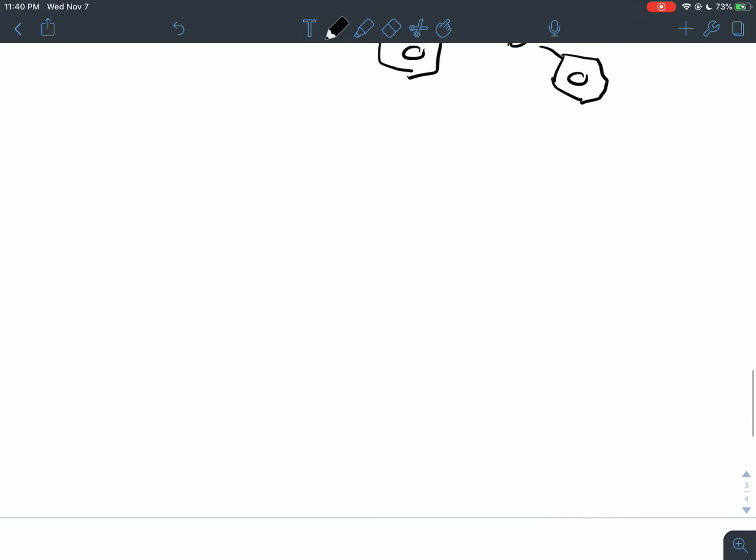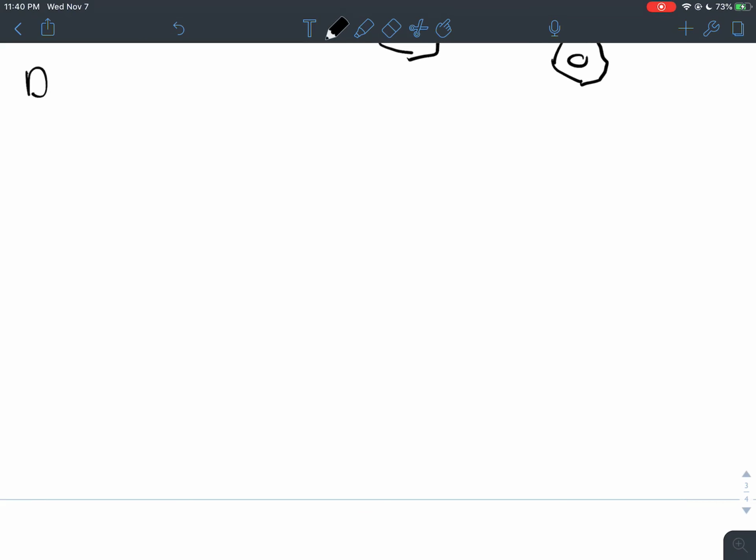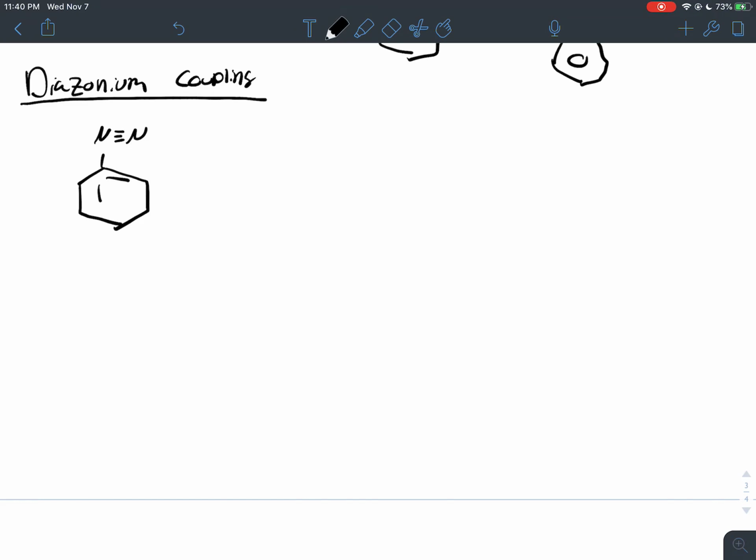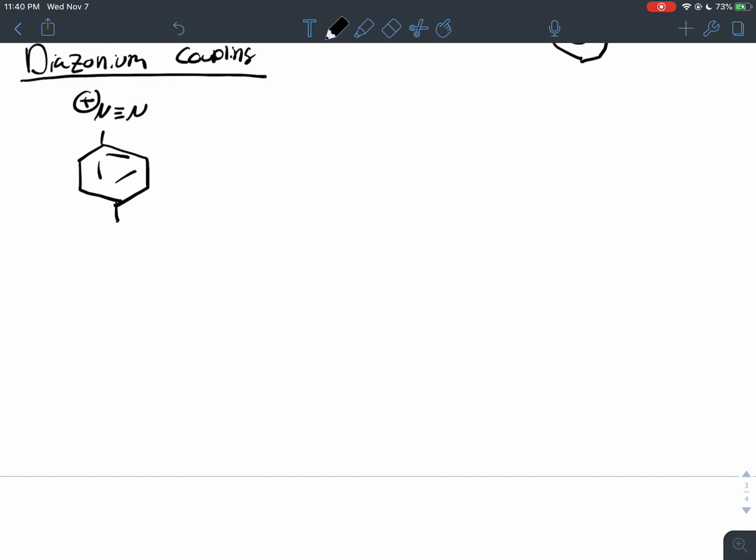Now briefly, I'm going to talk about diazonium coupling. Remember, the azo compound is getting attacked, so if it's getting attacked, it's an electrophile.